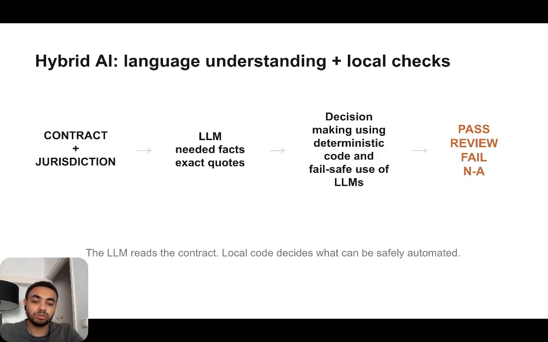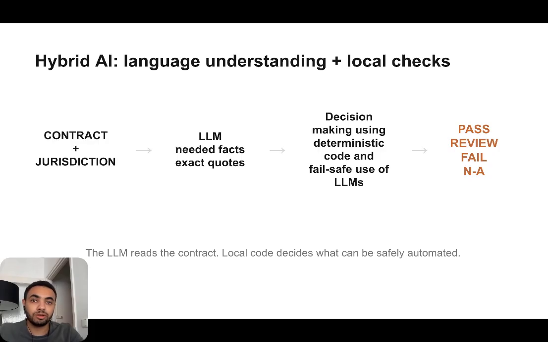This decision making engine consists of two parts: a deterministic code that makes decisions based on the rules supplied by the legal team, and also a non-deterministic part which takes the semantic rubric rules and gives them to an LLM to check for those rules and decide if it's a pass, fail, or review. But we also add some guardrails on this part to make sure that the LLM fails in a safe way.